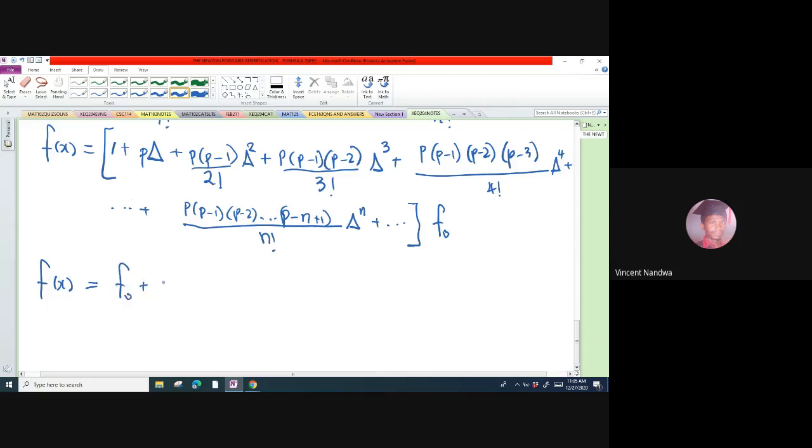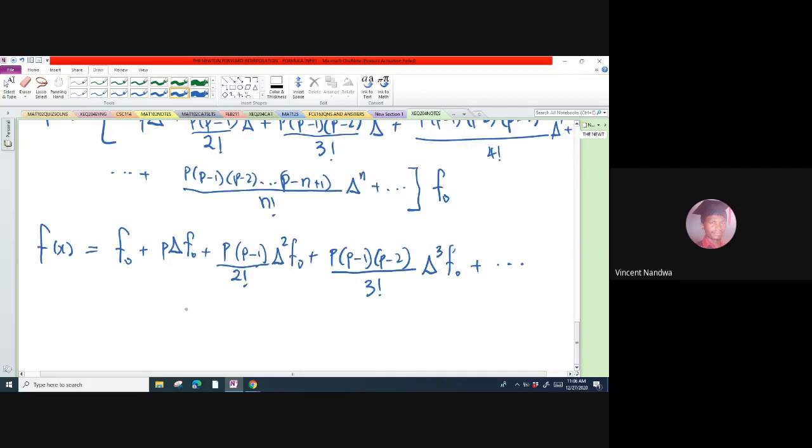So we'll have f naught plus p forward f naught, plus p into p minus 1 over 2 factorial second forward of f naught, plus p into p minus 1, p minus 2 over 3 factorial third forward of f naught, plus other terms, p into p minus 1, p minus 2, p minus n plus 1 over n factorial forward power n of f naught, plus several terms.